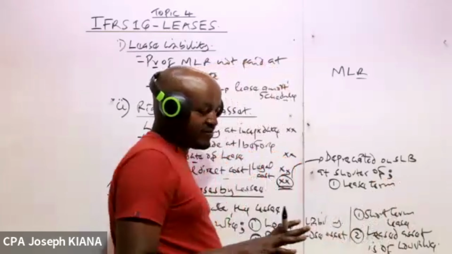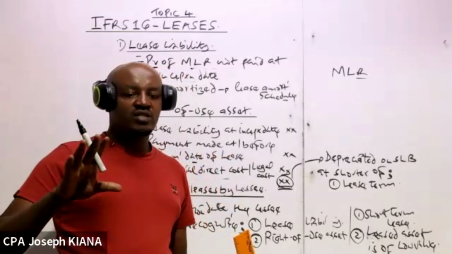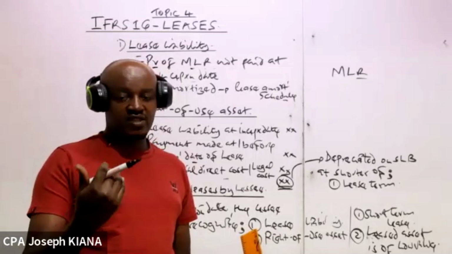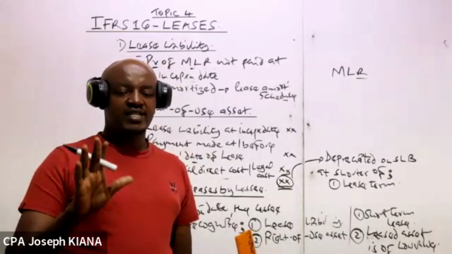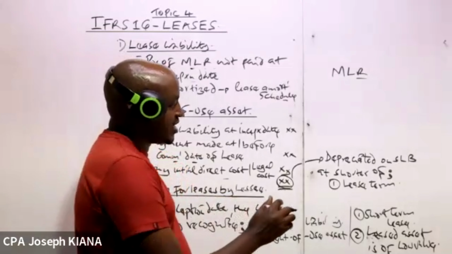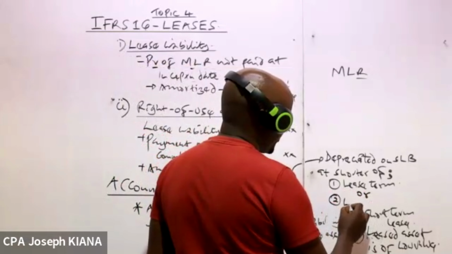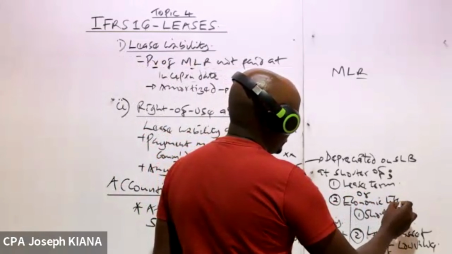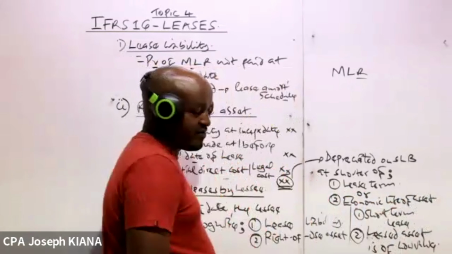The lease term, remember we have said that the lease term is basically the number of years which the lessee has been given the right to use the asset. If you have leased an asset maybe for 5 years, 4 years, that is called the lease term. So we take the shorter of this one, or number 2, the economic life of the asset.